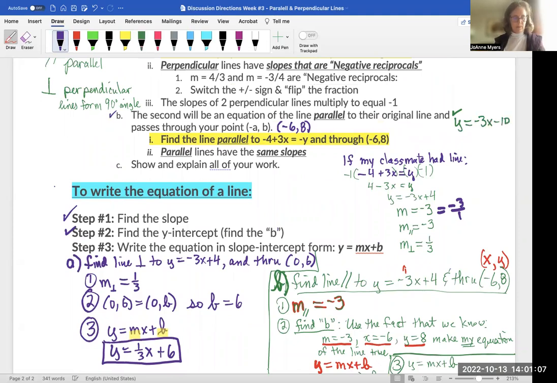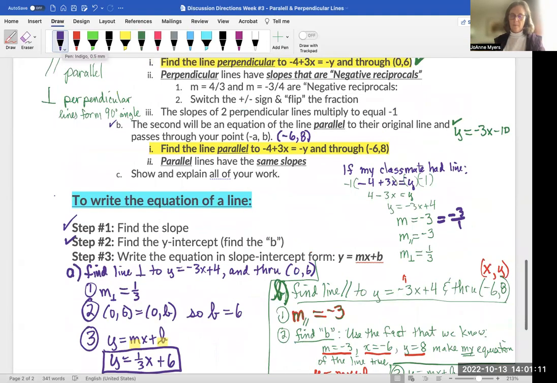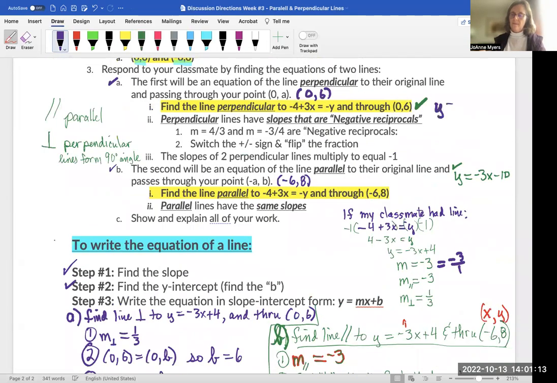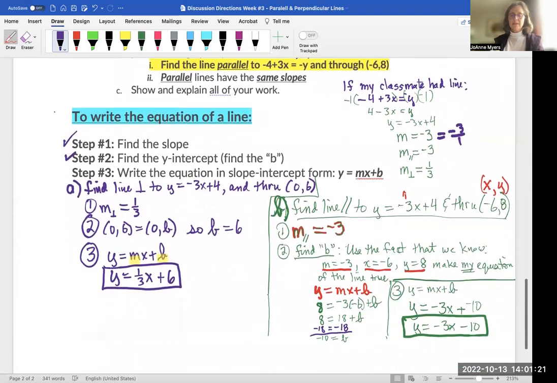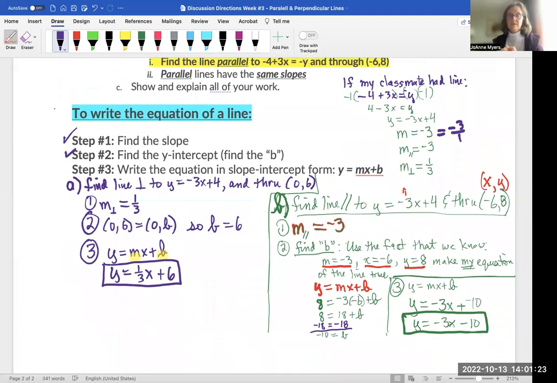And the line that was perpendicular is y equals 1/3 x plus 6. Show and explain each of your work. This is it. This is all I need to see.